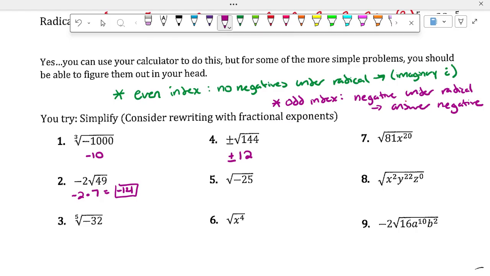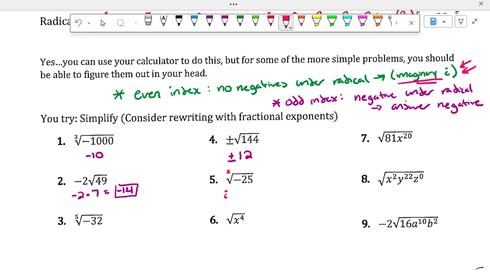Now, review from last unit. Square root of -25. It's not -5. It's not +5 either. What did we just say up here? Isn't a square root an even index? Yes. So we have to take an i out because it's going to be imaginary.